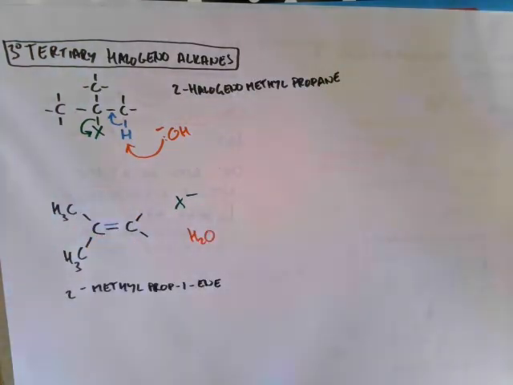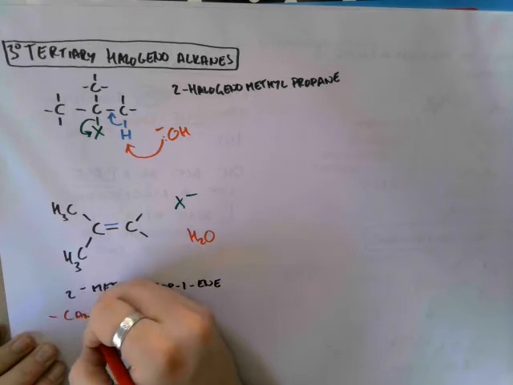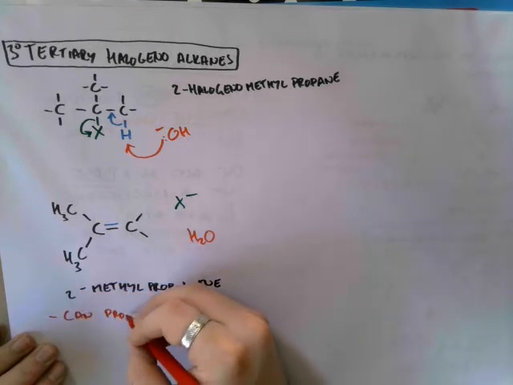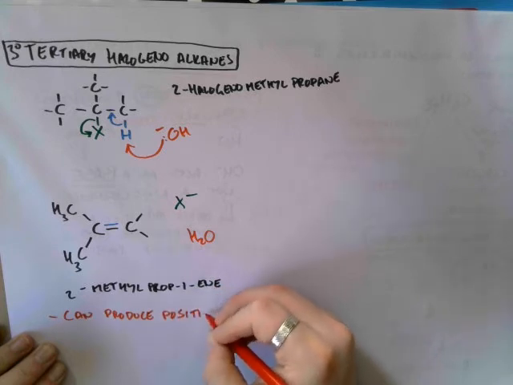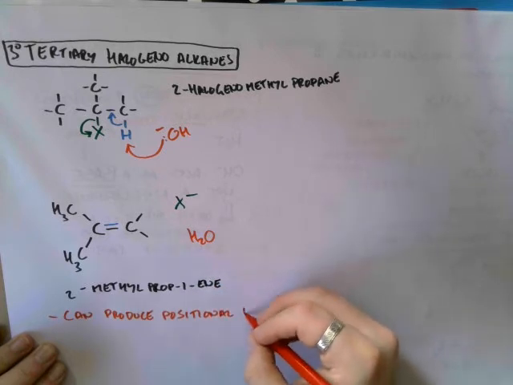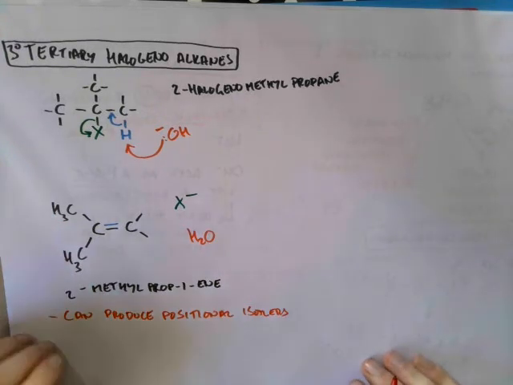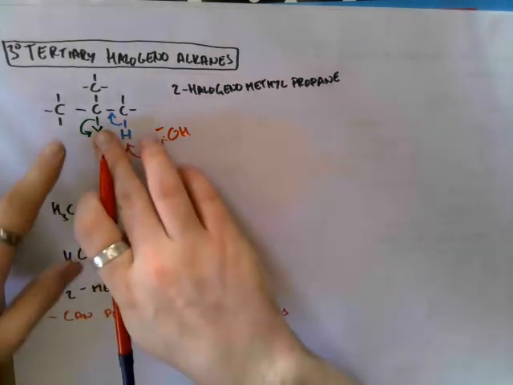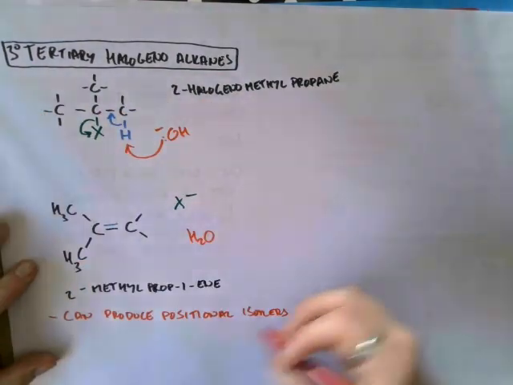Now we have to just bear in mind that with this it can produce positional isomers if the chain is asymmetrical. So if the chain here, if we had an extra carbon here, then it could have gone that way or that way, so you get a positional isomer.